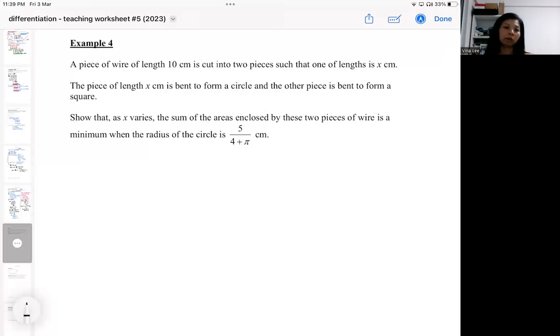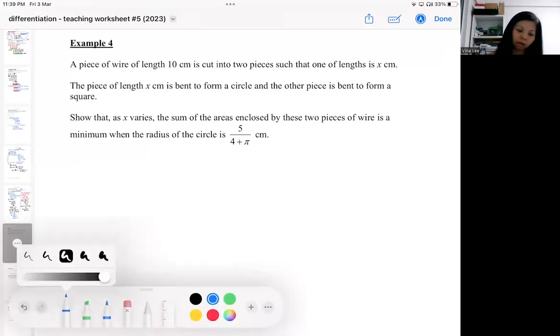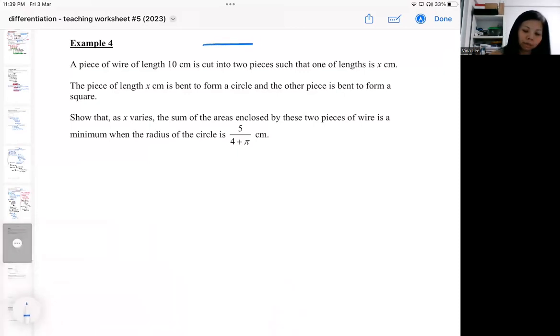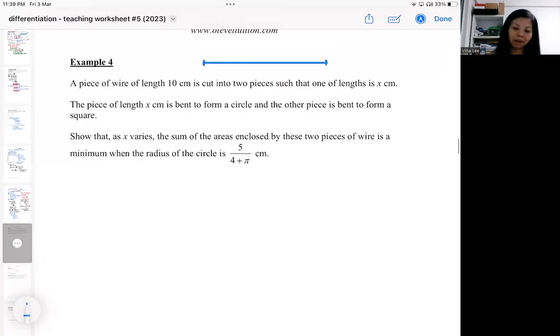So in this question, if you start reading, you realize that it just starts with a piece of wire that is 10 centimeter long. And then one of the pieces is X centimeter. So it's something like this part is X centimeter.